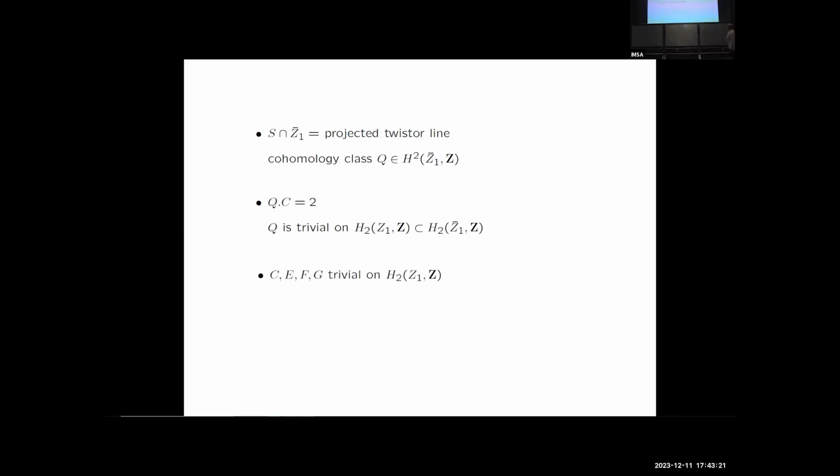So that's quite a significant constraint. So these things are trivial. They don't intersect with that. How do you use that?